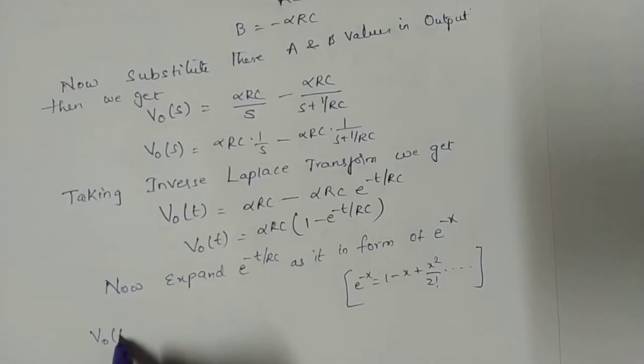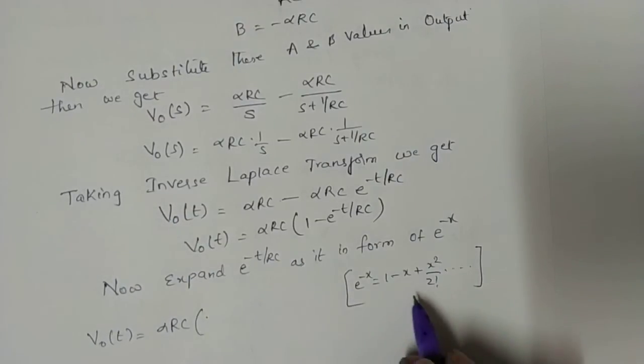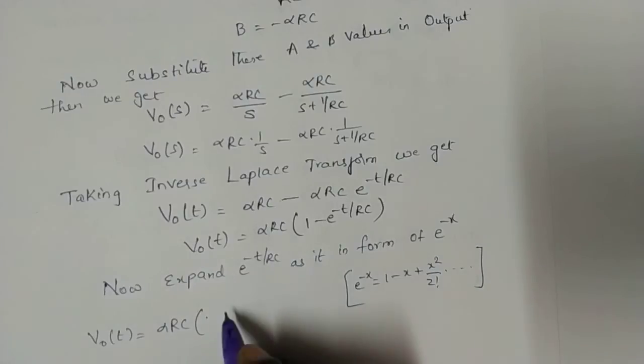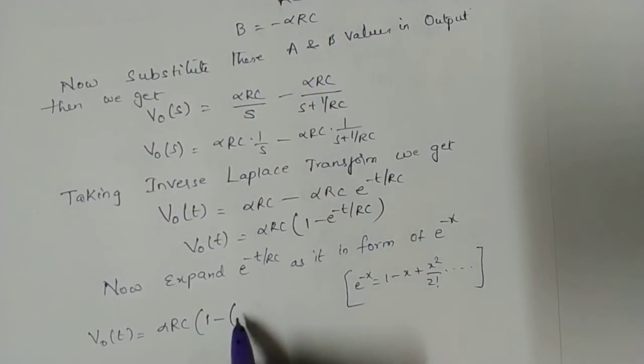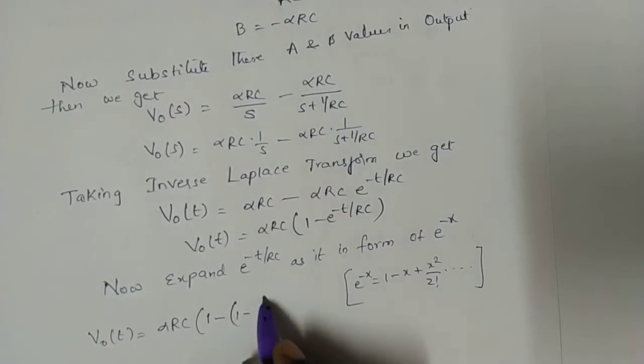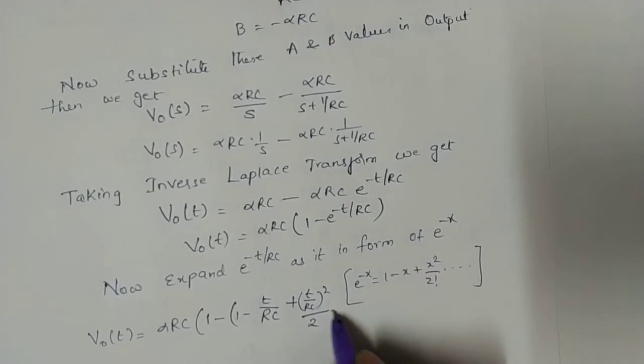Then V out of t equal to alpha RC into, taking the first two terms, higher order terms, 1 minus, here e power of minus x, so 1 minus t by RC plus t by RC whole square by 2 factorial, means 2.